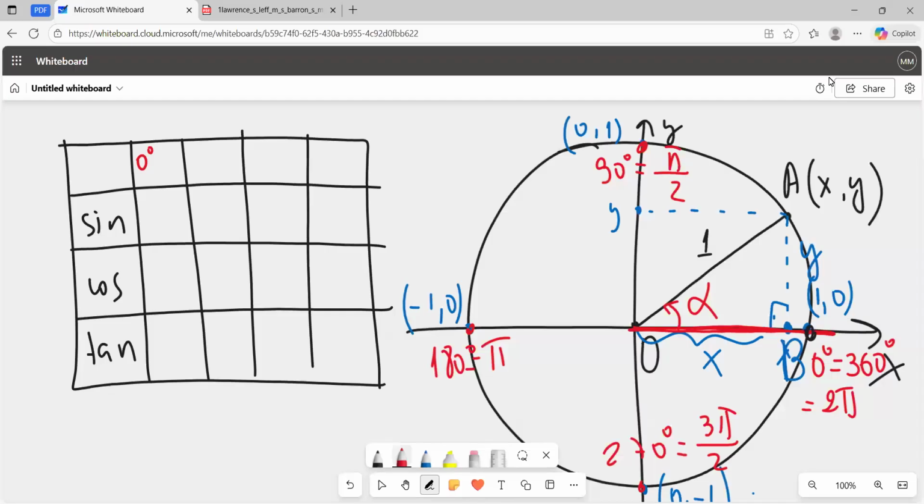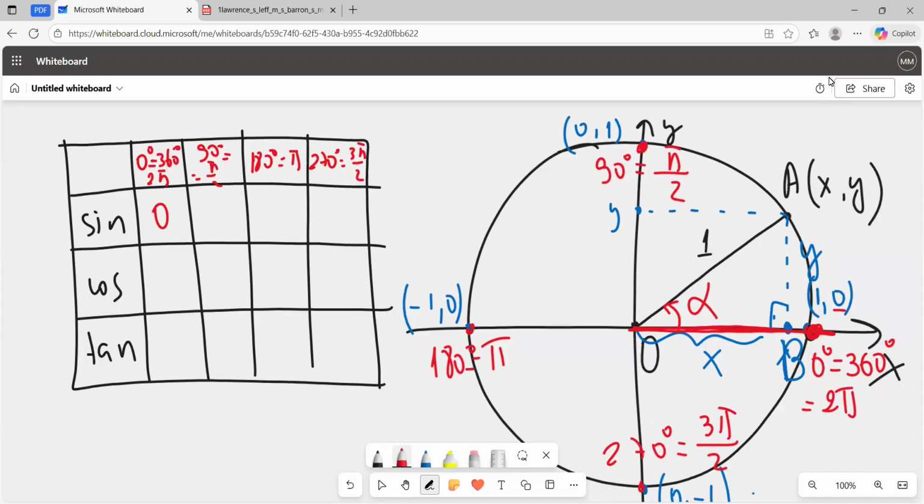0 or 360 degrees or 2 pi. Okay, in this point, since y coordinate is equal to 0, it means that sine of 0 is equal to 0.